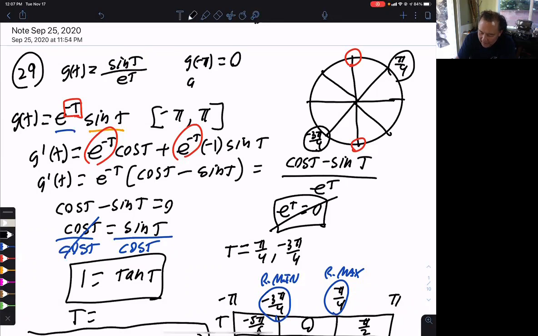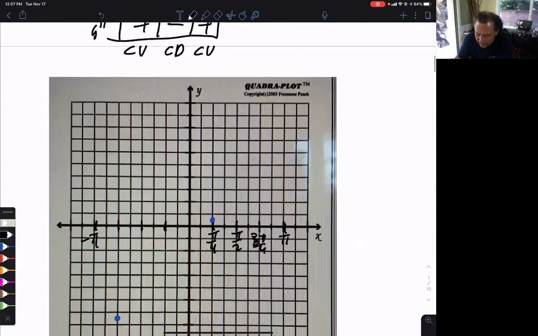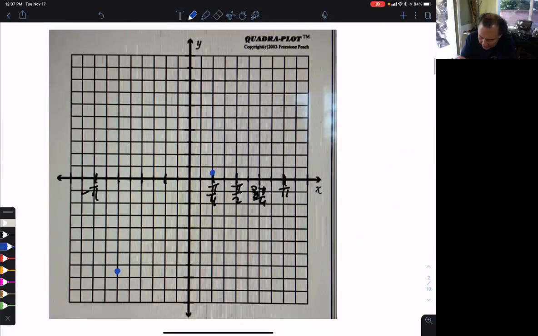And g of pi for the right endpoint, plug in pi, sine of pi is 0. That's easy. So we're at 0 at the left and right endpoints. So let me graph those. And this is all coming together nicely. Oh, wrong spot. It's 0 here, 0 here.